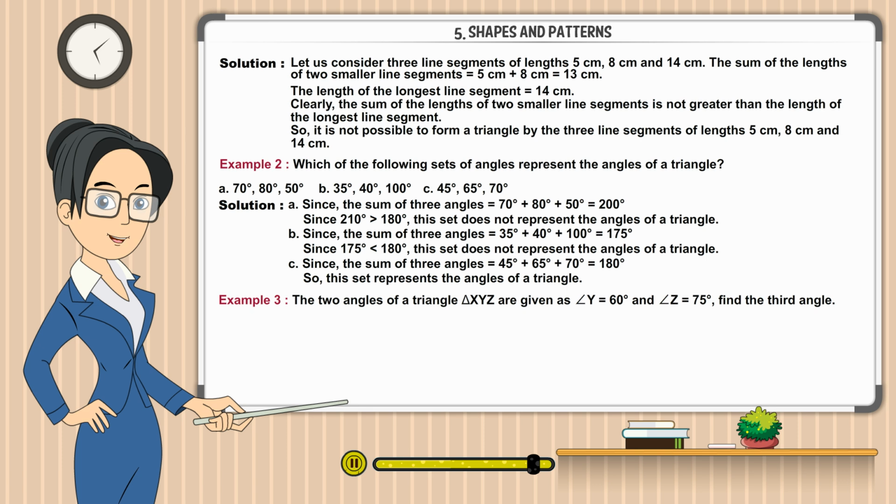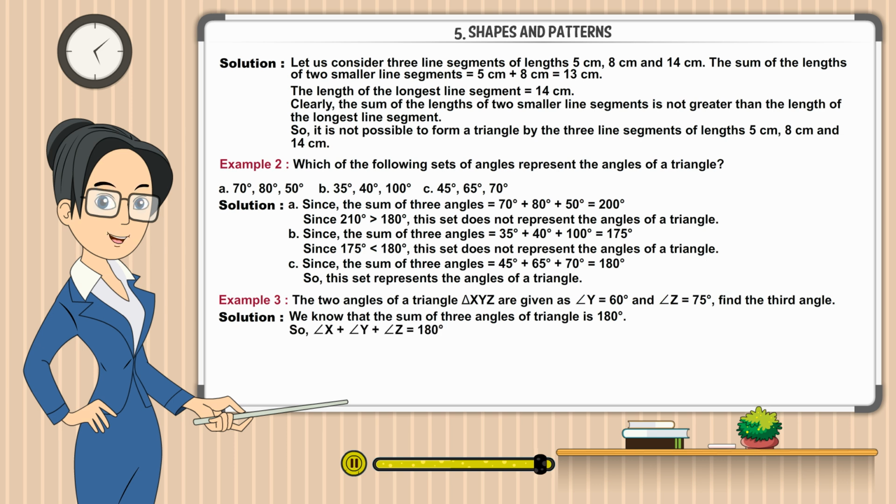Example 3. The two angles of a triangle XYZ are given as angle Y is equal to 60 degrees and angle Z is equal to 75 degrees. Find the third angle. Solution. We know that the sum of three angles of a triangle is 180 degrees.